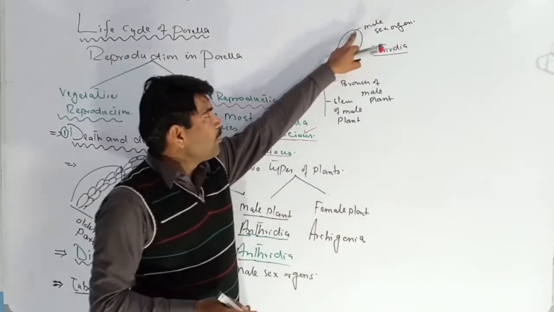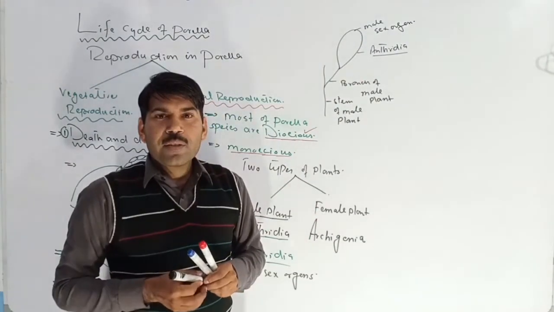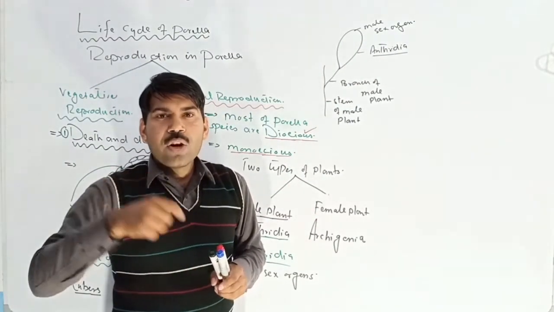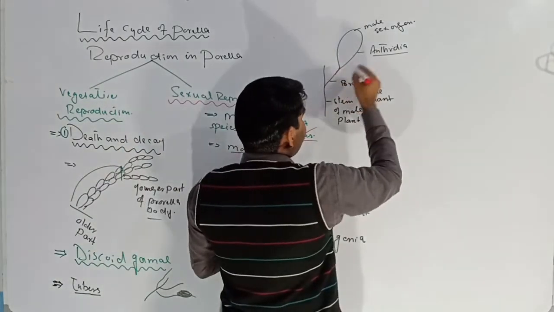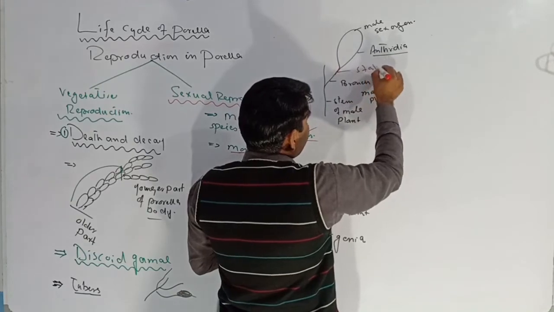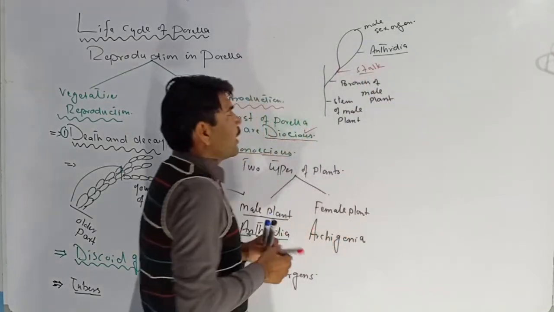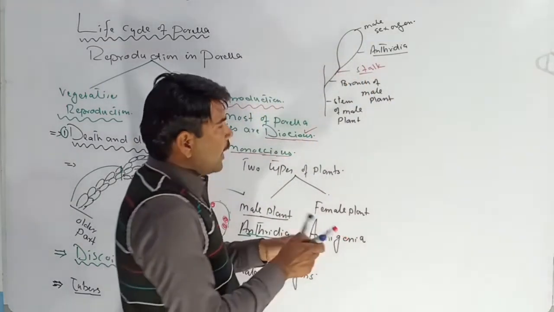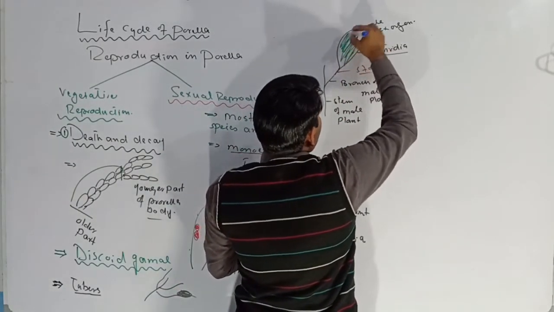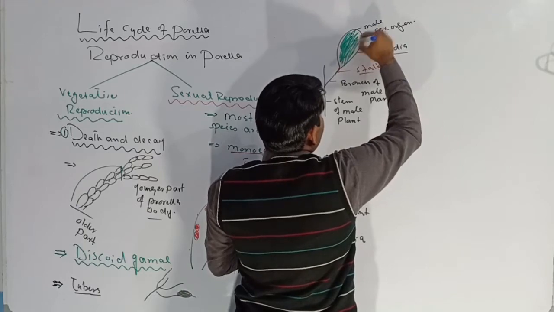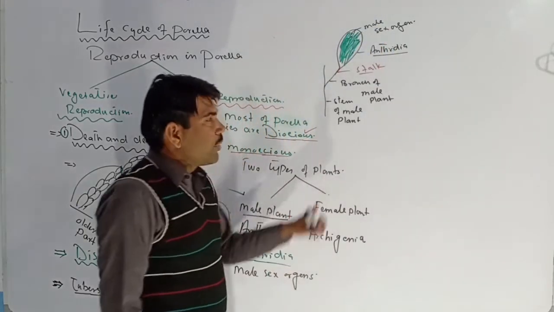And these male sex organs are produced on a long stalk-like structure, and this is a long stalk. At the stalk the antheridia are present, and inside the antheridia the antherozoids will be produced.